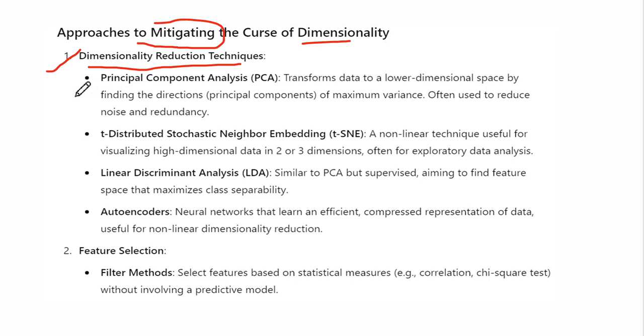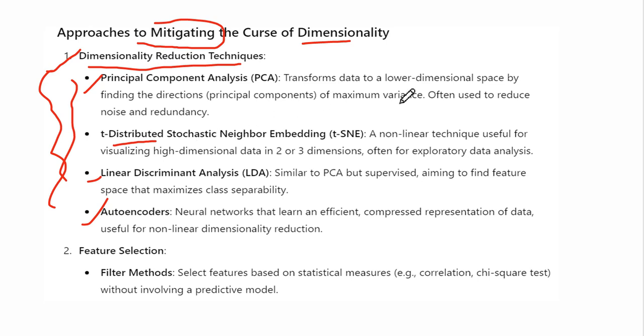In this we have different dimensionality reduction techniques: principal component analysis, t-SNE, t-distributed stochastic neighbor embedding, linear discriminant analysis, that is LDA, and autoencoders. These are some of the approaches to reduce the dimensionality.